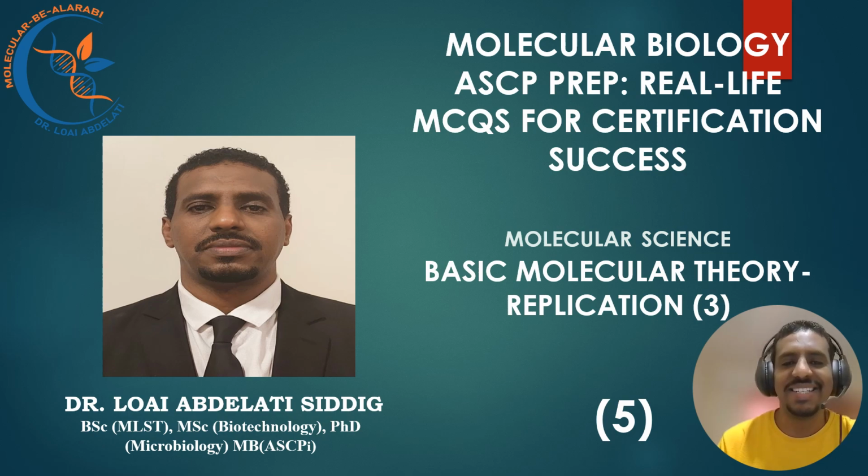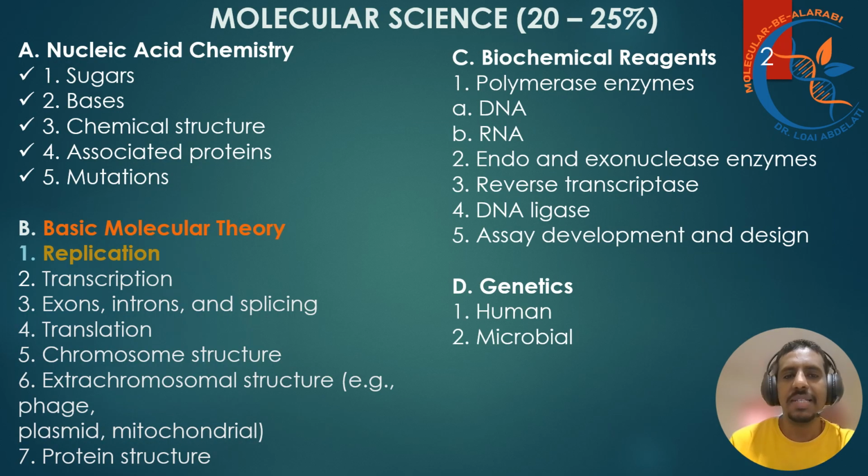The molecular science part is divided into four sections: nucleic acid chemistry, basic molecular theory, biochemical reagents, and genetics, which together make up 20 to 25% of the total molecular biology ASCP exam. In our previous lectures, we completed the multiple choice questions related to nucleic acid chemistry in lectures 1 and 2.